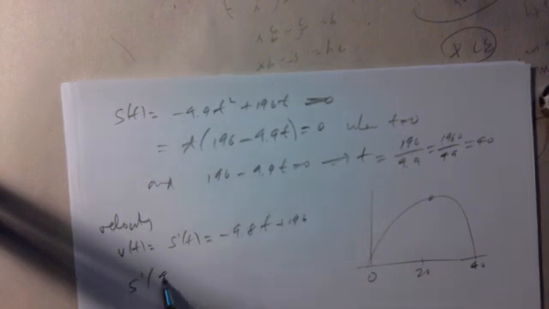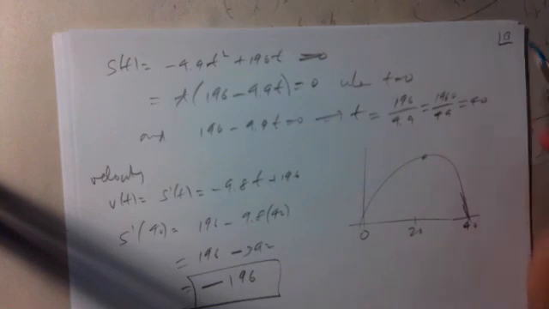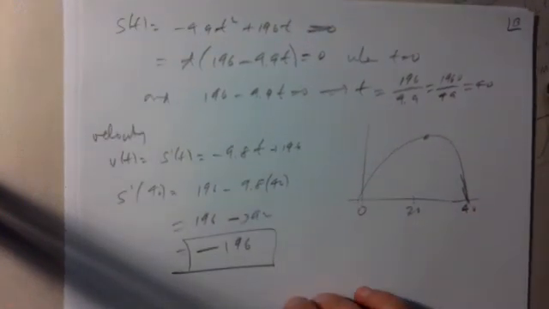So s prime at 40 is, let's see, 196 minus 9.8 times 40. That's 196 minus 392, which is minus 196. And why is it negative? Because it's going down. It's decreasing. So that's the whole answer to the problem.